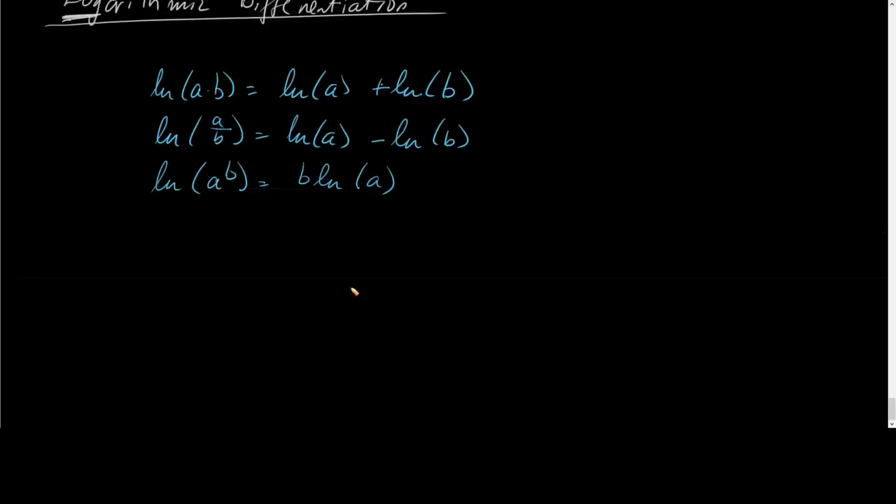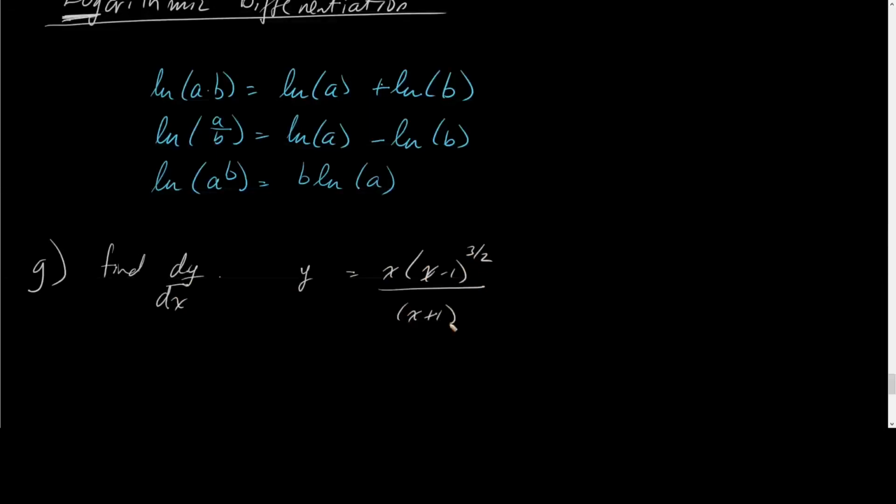Now, we're going to be using these rules to help us, right? So let's do example G. Let's see what we mean. Find dy/dx, given that y is equal to x times (x minus 1) to the 3/2 over (x plus 1) to the 1/2, where x is greater than 1.